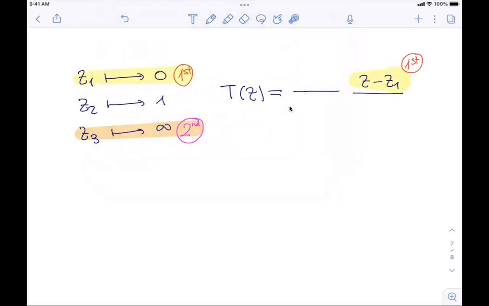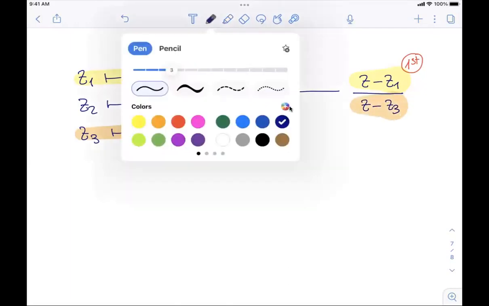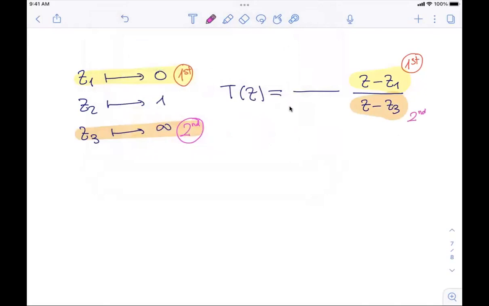When we want to send something to infinity, then we need to make sure we divide by 0. Okay, that's the way to end up in infinity: dividing by 0. Ask a computer, they will tell you right away. So then z minus z3 has to go in the denominator. Okay, so this is the second thing we write.